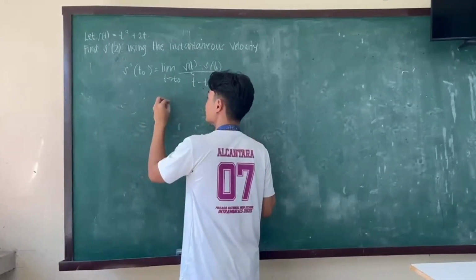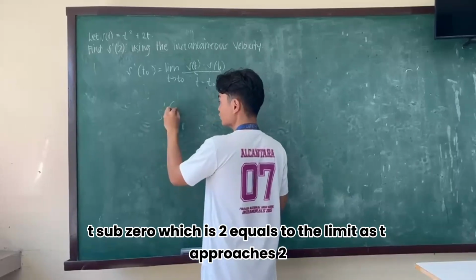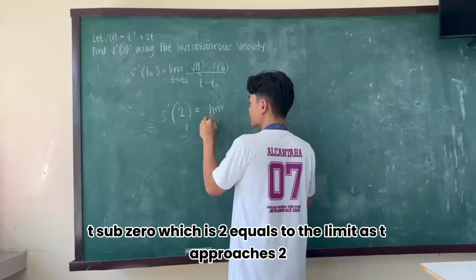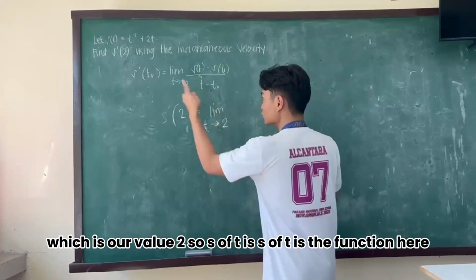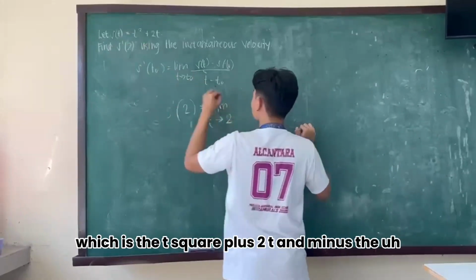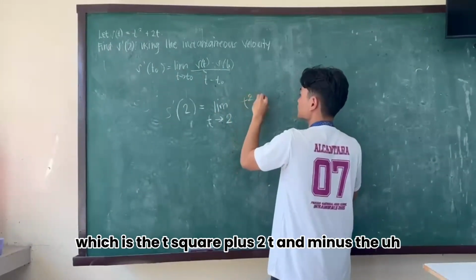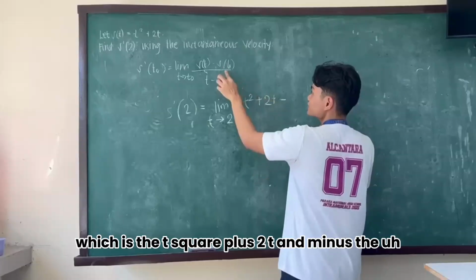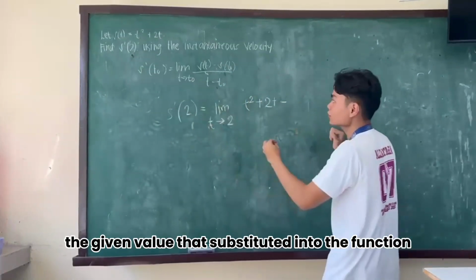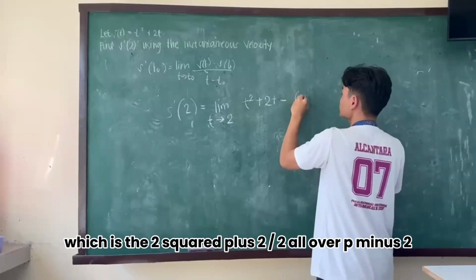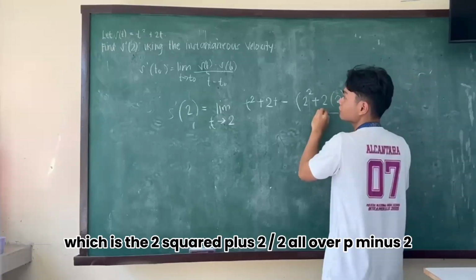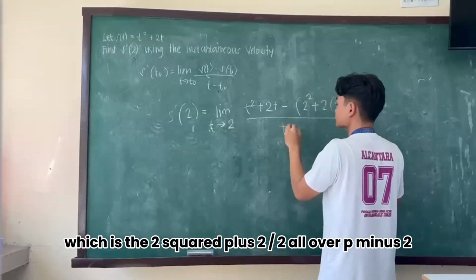So let us solve it. s prime of t sub 0, which is 2, equals the limit as t approaches 2 of s of t, the function t squared plus 2t, minus the given value substituted into the function, which is 2 squared plus 2 multiplied by 2, all over t minus 2.